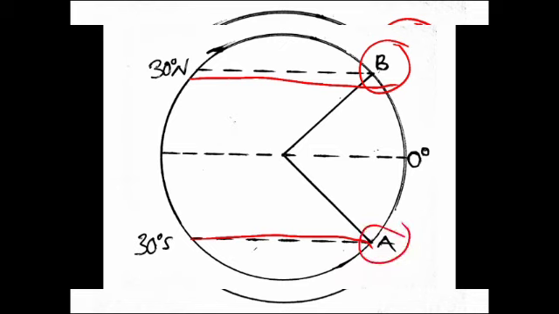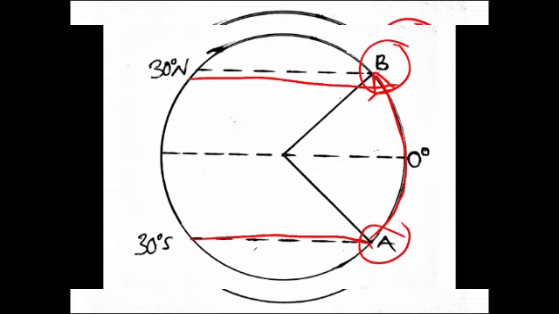So this means that I need to calculate the distance from A to B. Then I'll be able to calculate the speed, because now I'll understand what distance is. Now you can see that this is along a longitude.